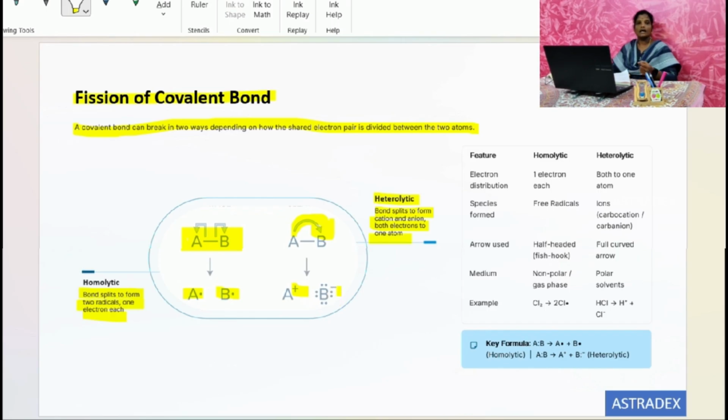The atom that takes the pair of electrons will possess a negative charge. For example, carbon and a halogen. The halogens are fluorine, chlorine, bromine, iodine. If carbon is bonded with fluorine, definitely the fission will be heterolytic fission.